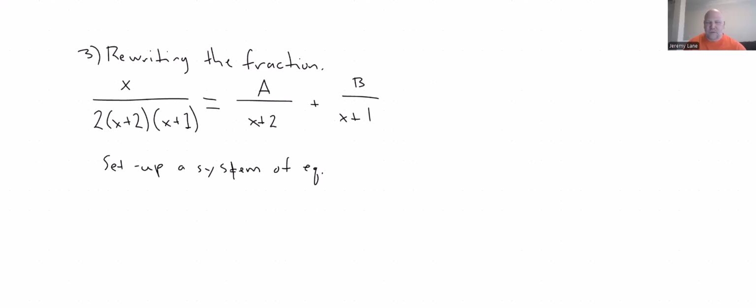The reason is that the system really does flush out all of the idiosyncrasies that come up with all of those other techniques you have, like the cover-up method, the substitution method, and things of this nature. The system of equations carries over to all forms of partial fraction decomposition that we will see in this series of videos I'm generating.